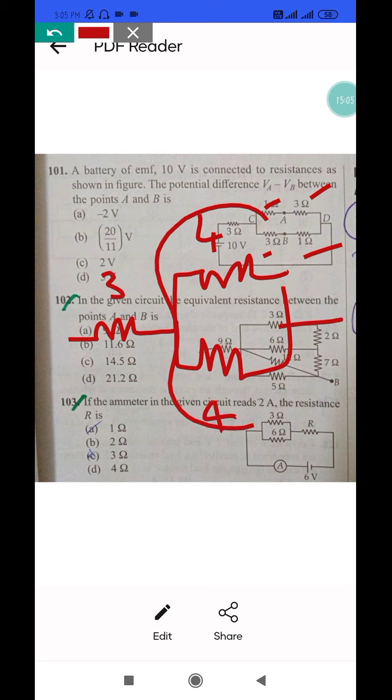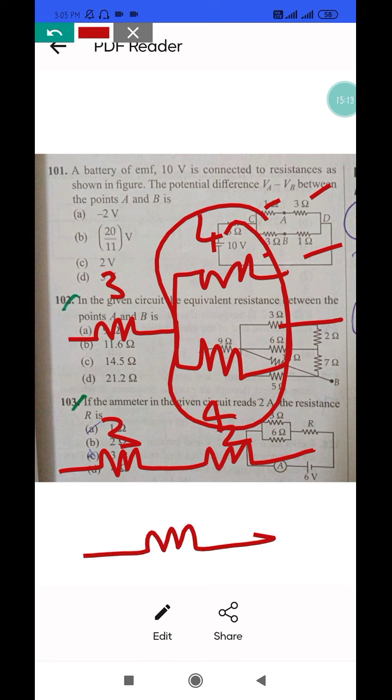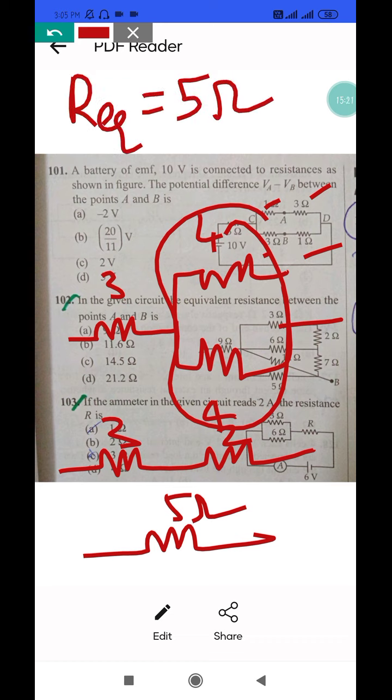So these are parallel, and that combination is in series with the 3, which is 3, and this is 2. So total resistance will be 5 ohm. Shall I tell like that? Right, so now we got the equivalent resistance as 5 ohm, and the given potential is 10 volt, so the total current flowing is simply 2 ampere.